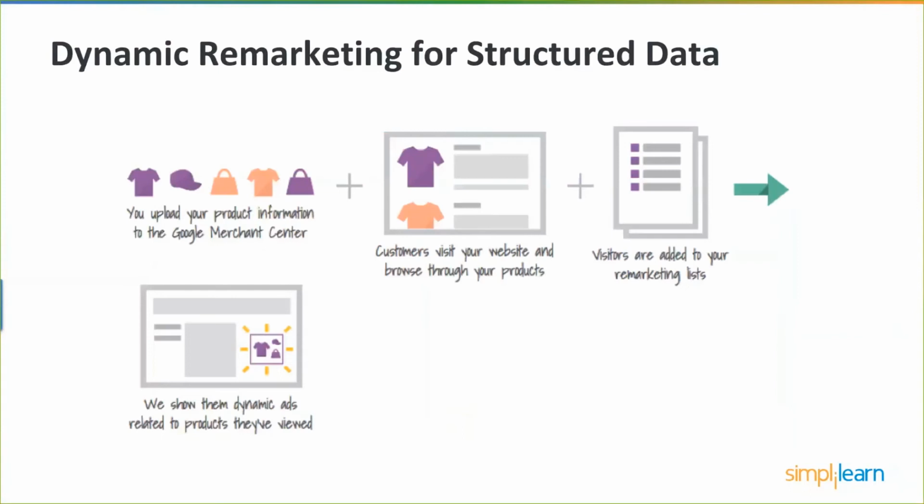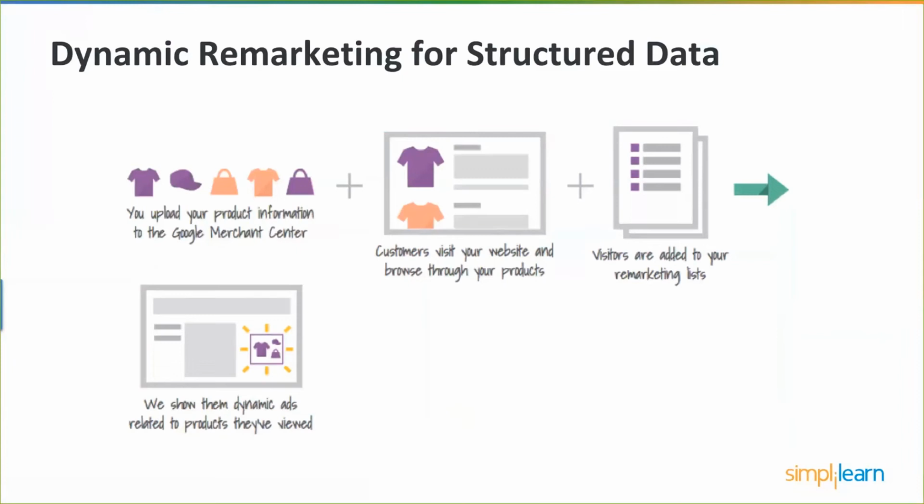Now, if you have a structured data site with a lot of products, a large e-commerce site, a job site, a travel site, they all use structured data. You could use dynamic remarketing, where a lot of the steps are similar. There's just a little bit of difference in how the ads are rendered. With dynamic remarketing, the user is going to see in the ad the products they viewed on the website.